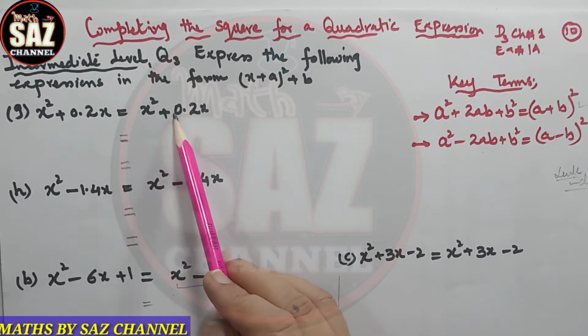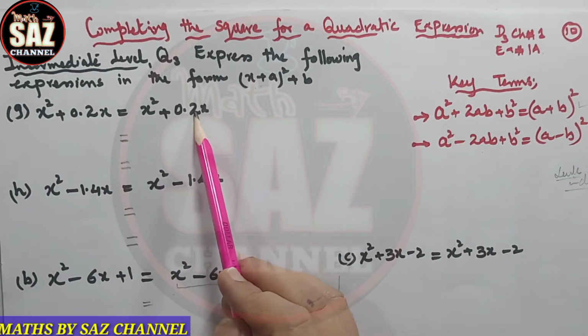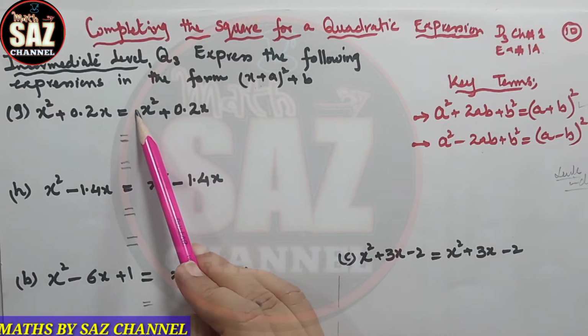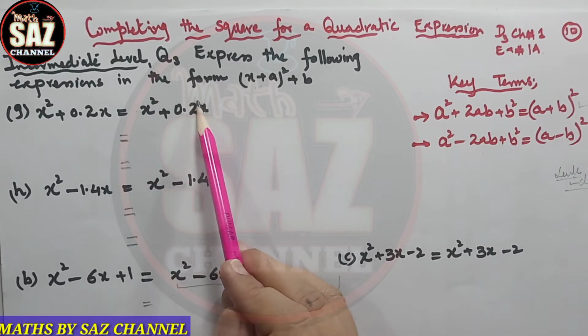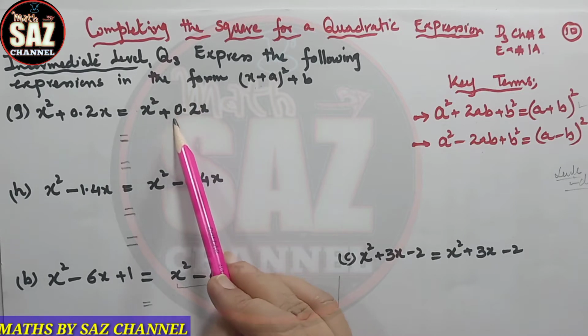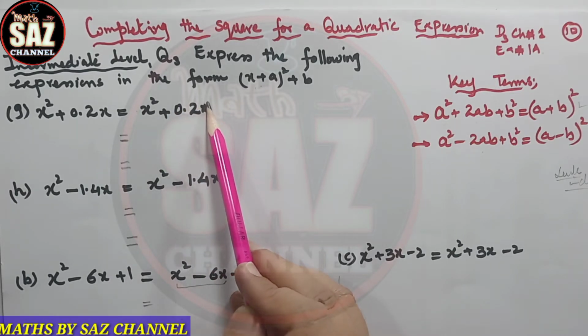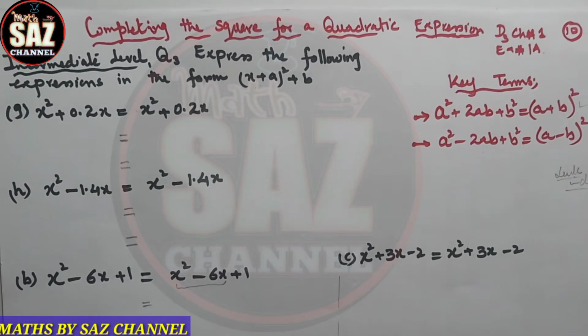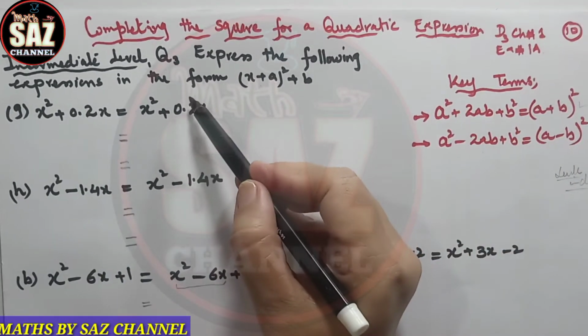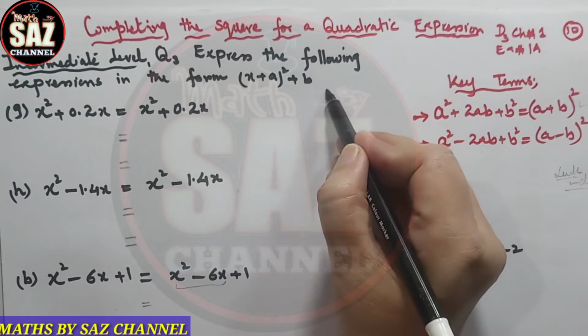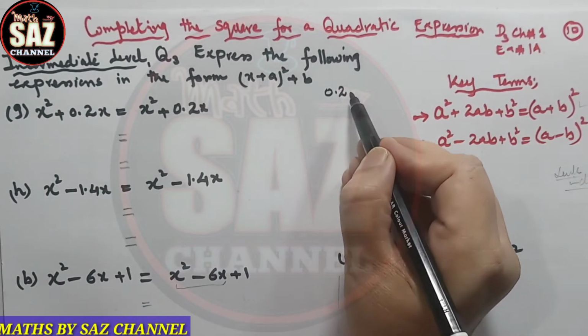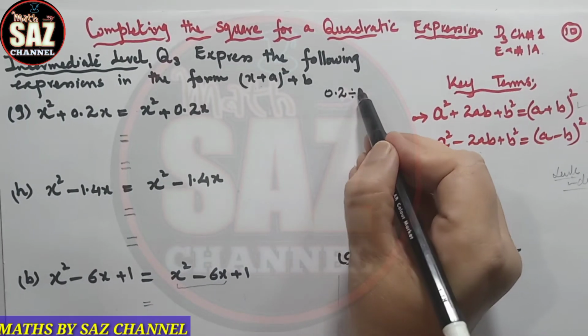After writing the expression in standard quadratic expression form with the coefficient of the square term 1, we have to identify the coefficient of the term of the variable having power 1. Here the coefficient of x is 0.2. We have to make it half, that means we have to divide it by 2.